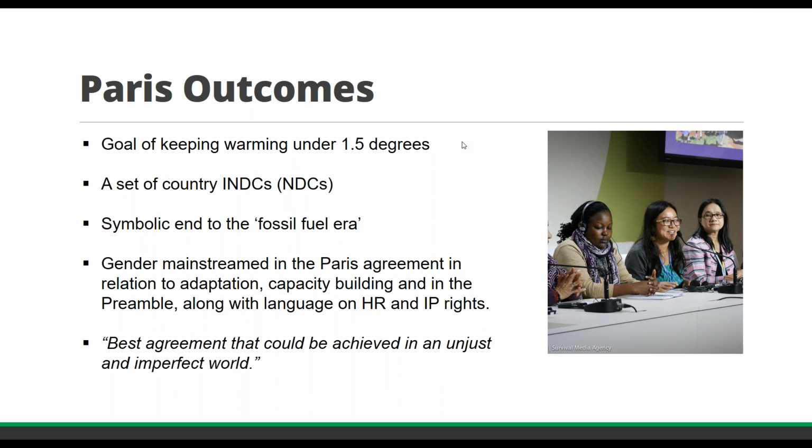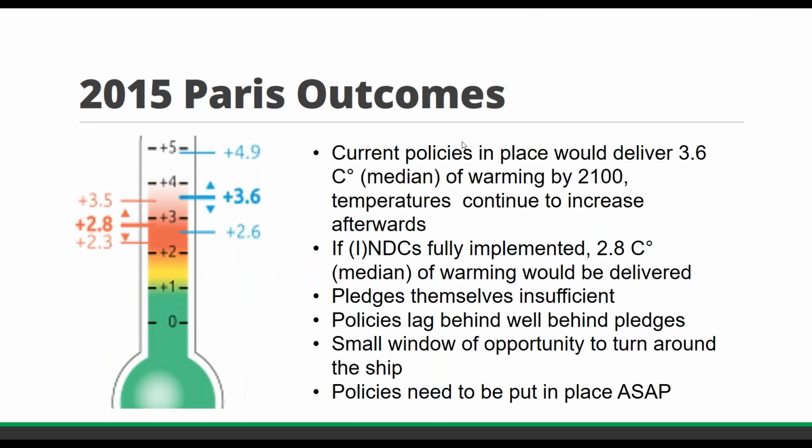Other aspects, however, of the Paris outcomes, of course, is that the current contributions in place are nowhere near what we need to actually meet the goals of the Paris Agreement. The current policies deliver a 3.6 median warming by 2100 at this point in terms of the review of it.